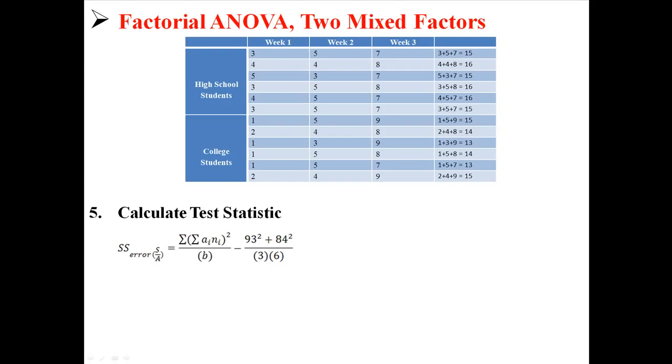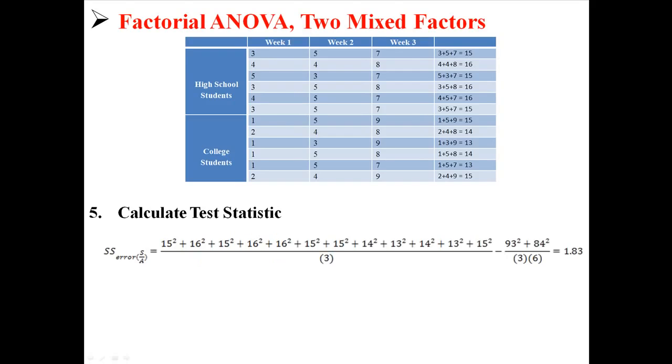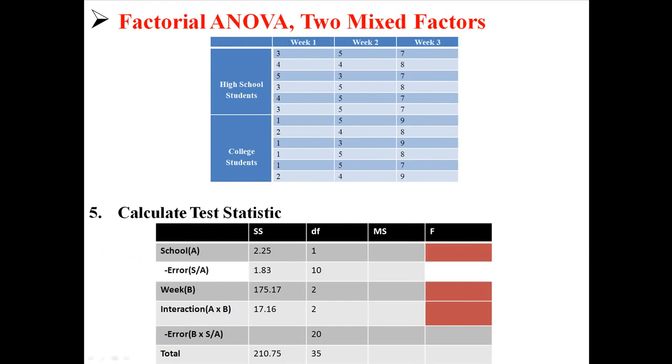So for the first subject at A1, we got 15. For the second subject at A1, we got 16. So we have these 12 values, these 12 sums for each subject at each level of A. So on top, we're going to take every single one of those things, square them, and then divide by B, which in this case is 3. So once you do all that, you multiply, you divide everything, we get a sum of squares error of 1.83.